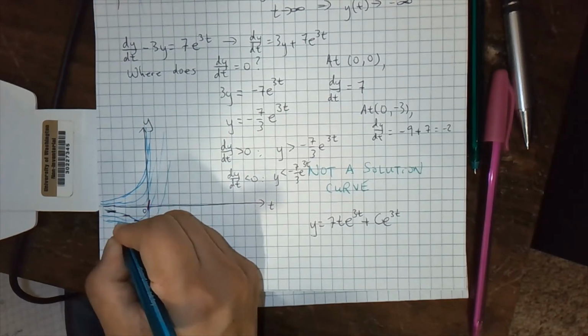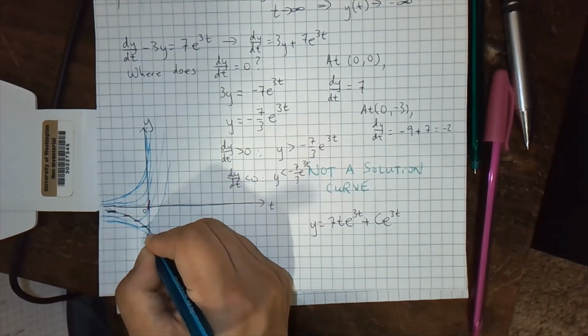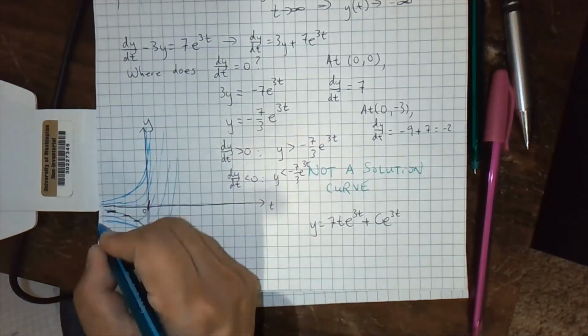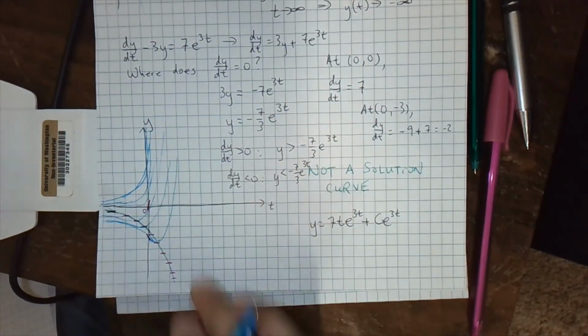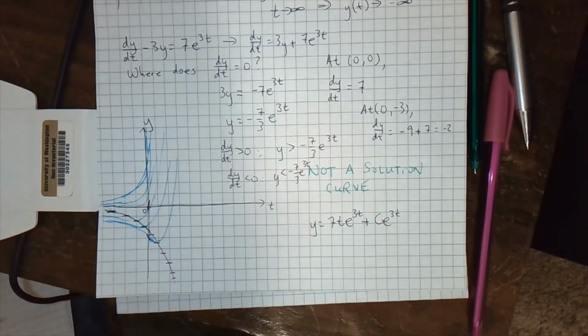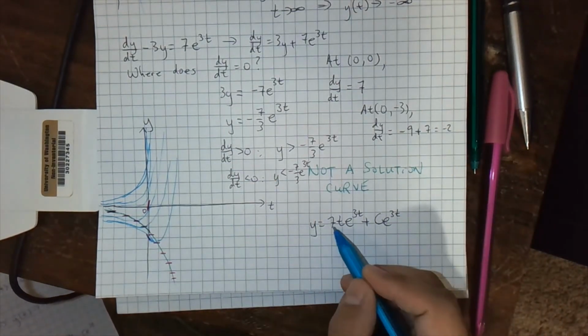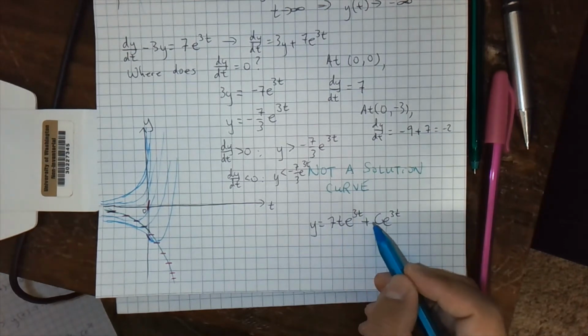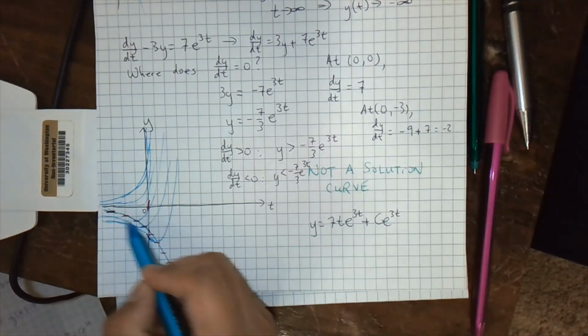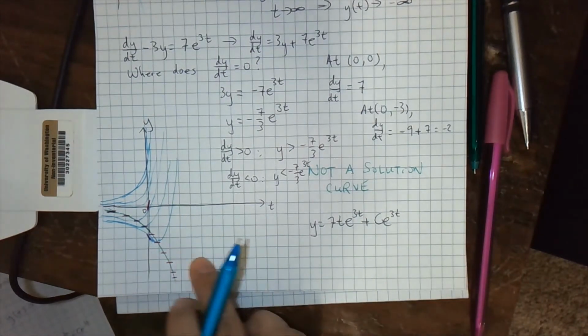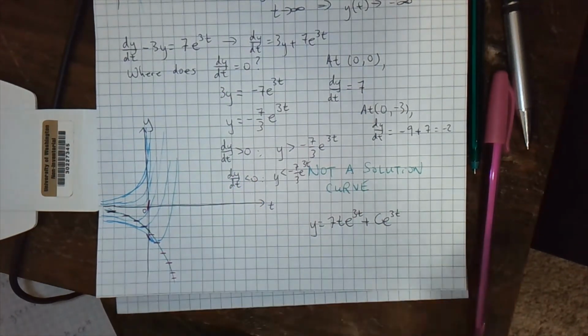And then these are all really close together here, but sometimes they'll do a drastic dip and come back up. That's for negative values of c. So 7t e to the 3t minus 8 e to the 3t or something would look something like that. Okay, so that helps us figure this out.